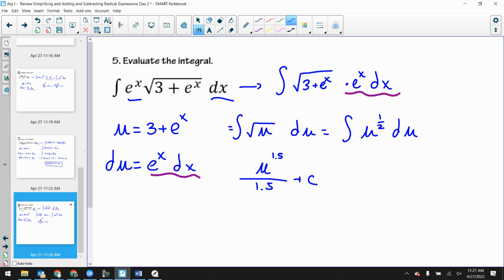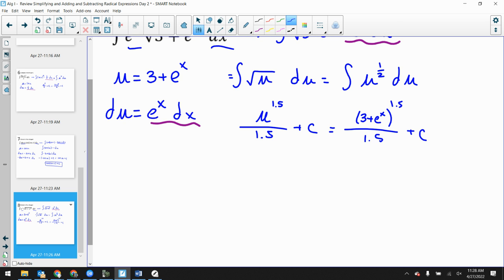And then we can just plug that in. 3 plus e to the x, which is equivalent to saying 3 plus e to the x to the 1.5 over 1.5 plus c. If you look at the key, I did it in fraction form, which would be u to the 3 halves over 3 halves, but keep, change, flip, divide here, right?